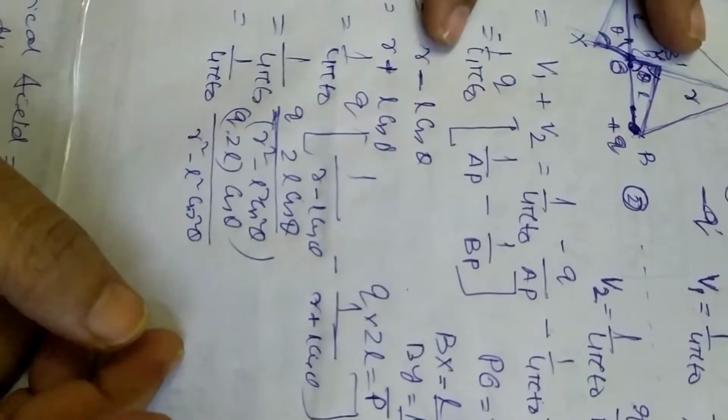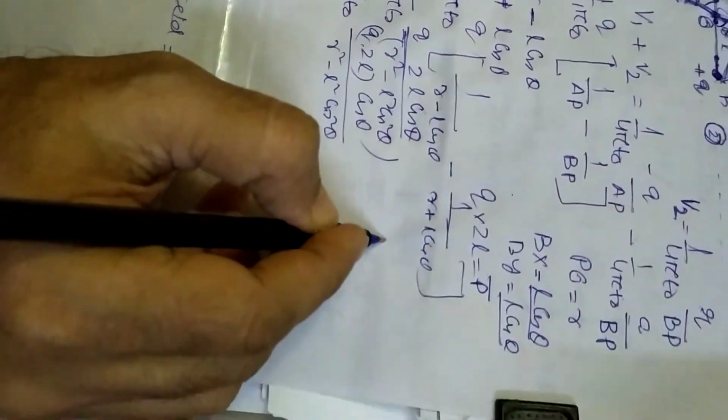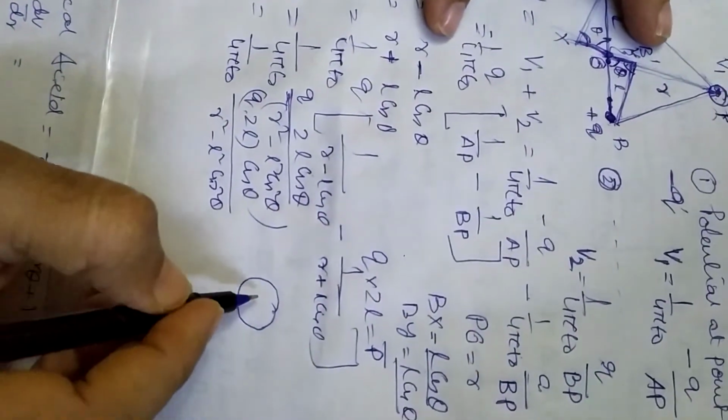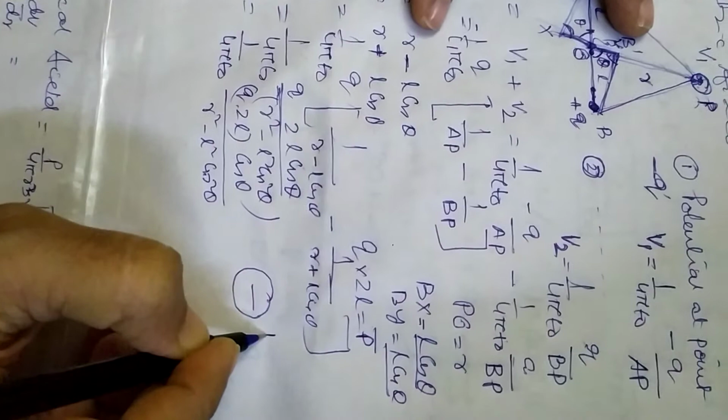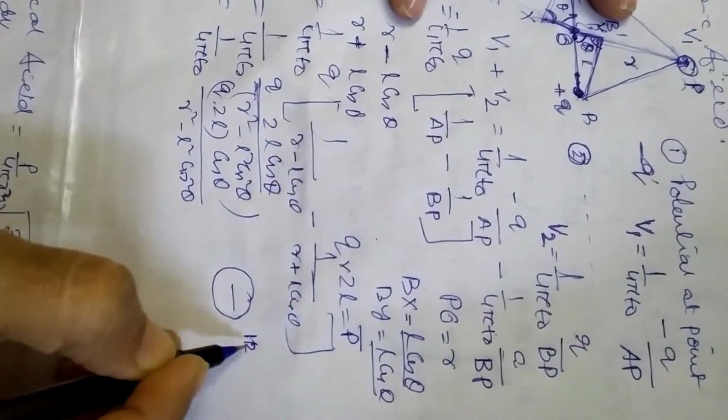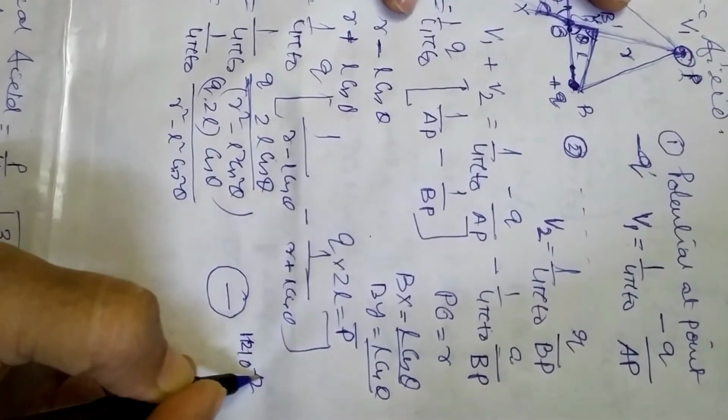Now how will we be taking these things? L is generally the length of the dipole. Suppose we have taken an atom where this distance is 10 to the power minus 12 meter.